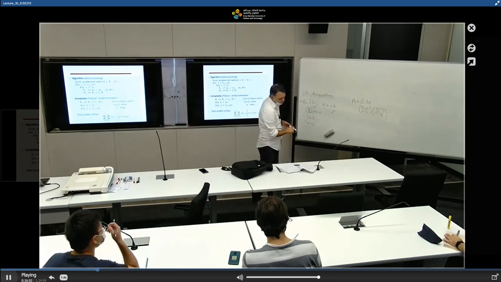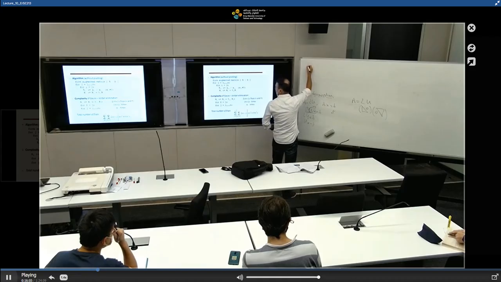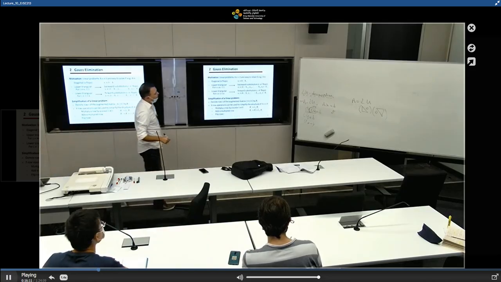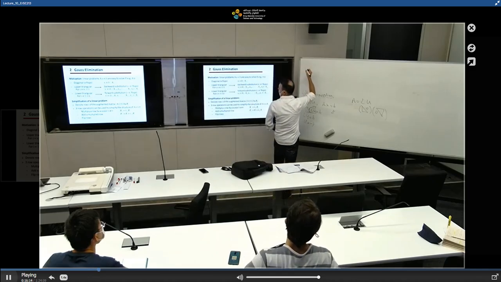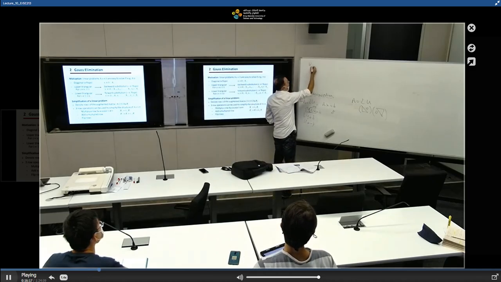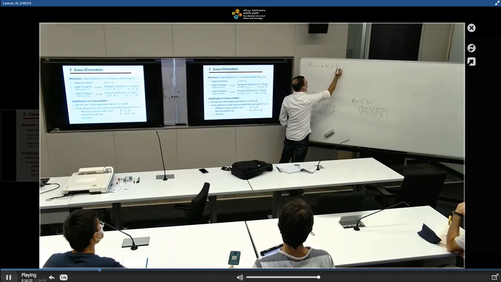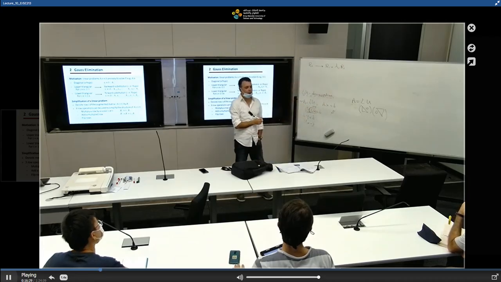when you do this operation, you take this row, Ri, and you replace it by Ri plus lambda ij Rj, or Ri plus 1 if you want.